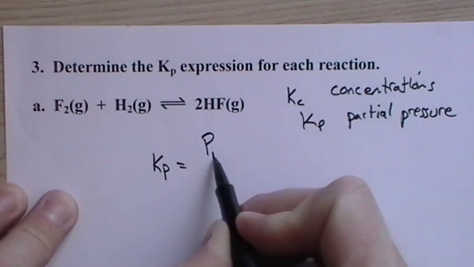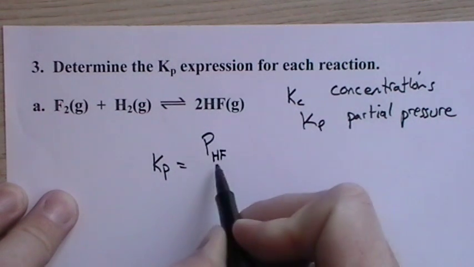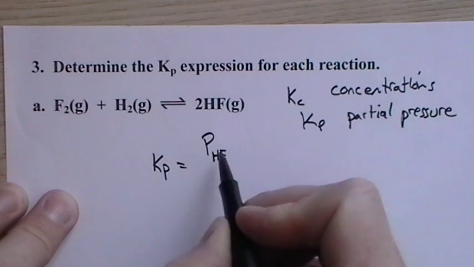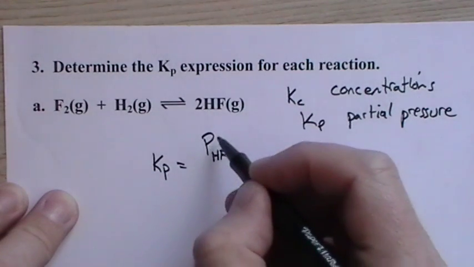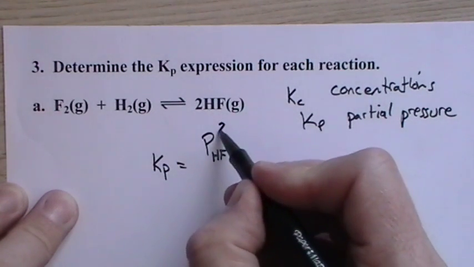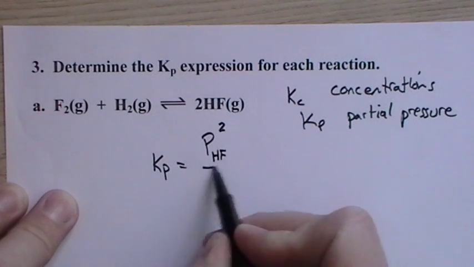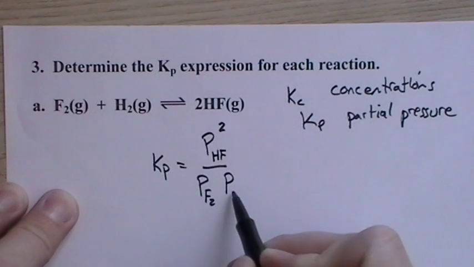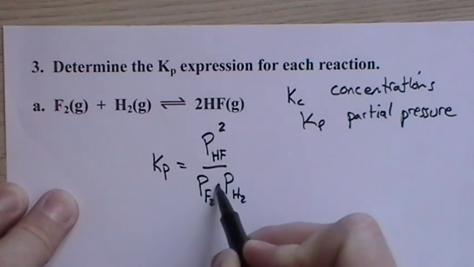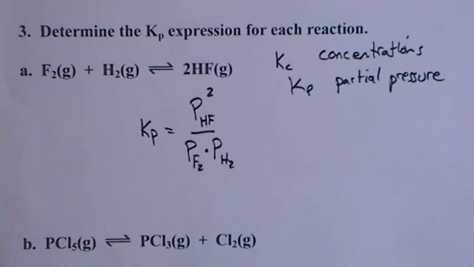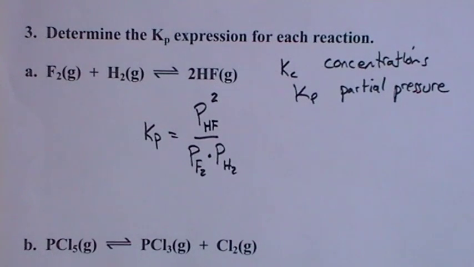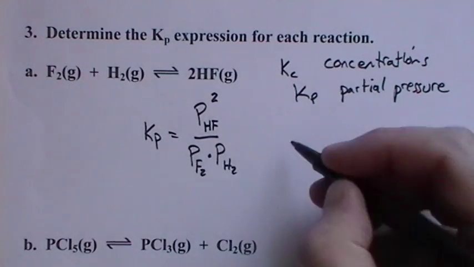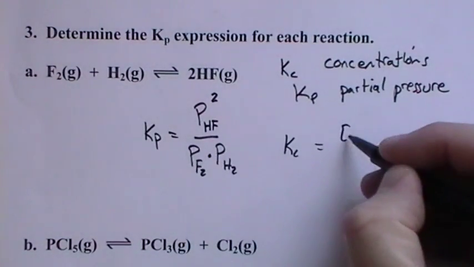P for pressure, and then a subscript for the partial pressure of that species. So this is the partial pressure for HF squared over the partial pressure of fluorine times the partial pressure of hydrogen. And we can put a little product sign there. And so that's Kp.